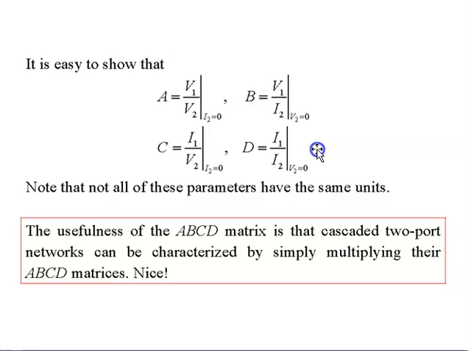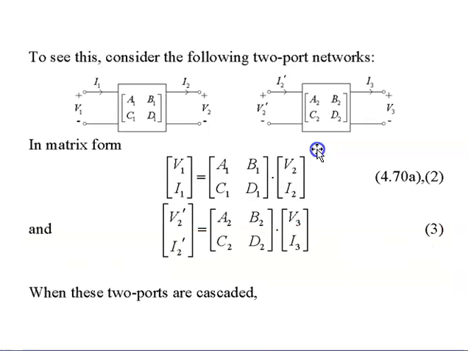The usefulness of the ABCD matrix is that the cascaded two-port network can be characterized by simply multiplying the ABCD matrices. Now let us look into the two-port network here.